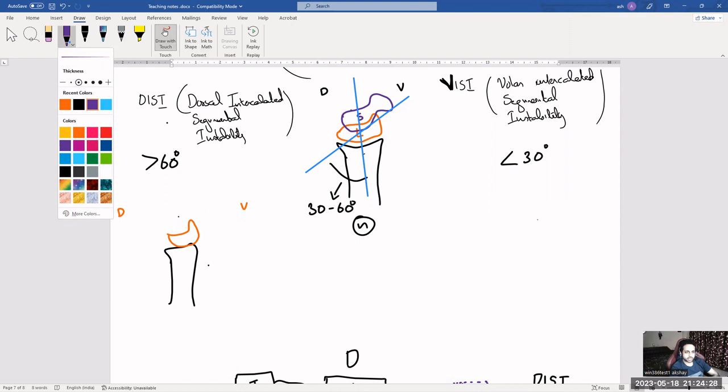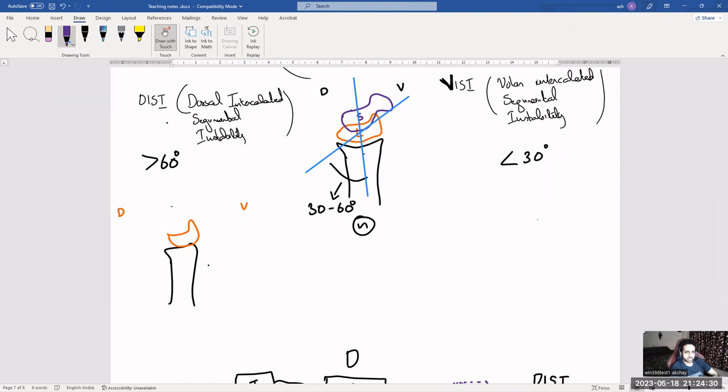Whatever happens, it will always move volar. So the scaphoid will move volar like this.